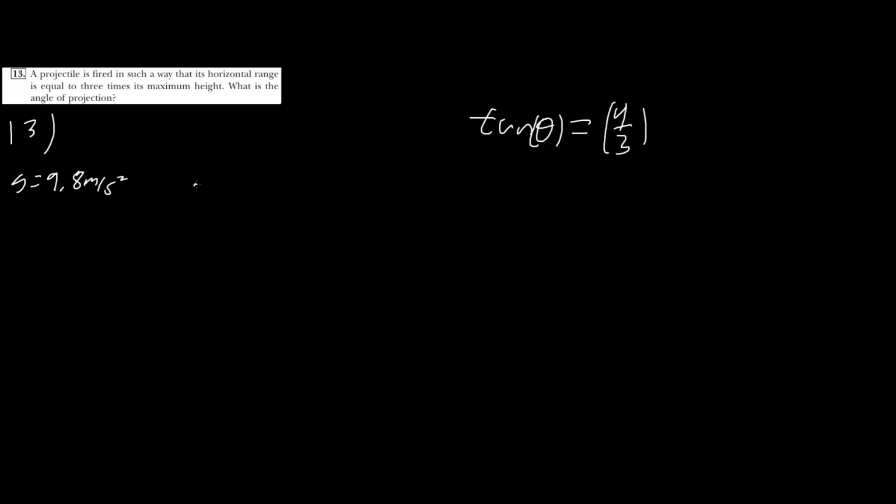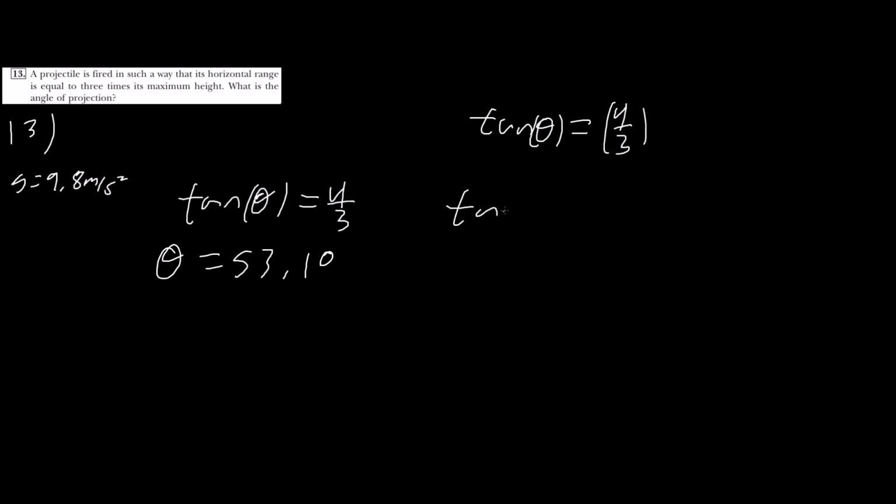So once you do the math, folks, tangent of theta is 4/3, theta is going to be 53.1 degrees. And in order to get that, you just take tan inverse of 4/3 to get that angle theta.